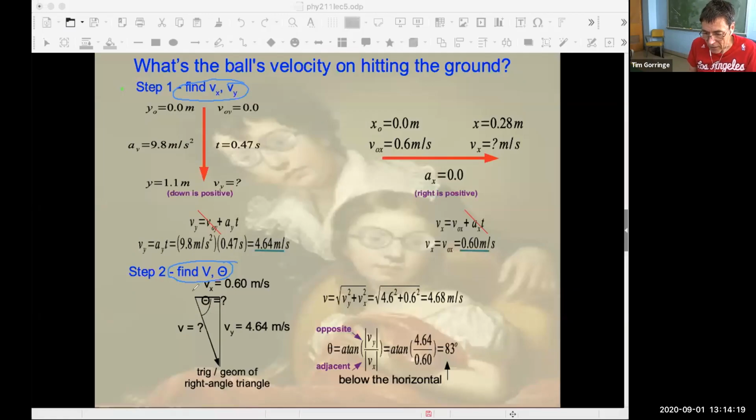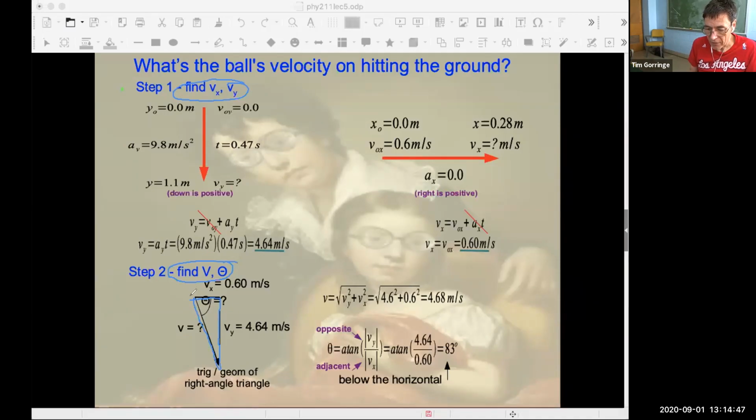So look at this guy here. It's a right-angled triangle. The horizontal side is the horizontal component of the velocity just before it strikes the ground. The vertical side is the vertical component of the velocity just before it strikes the ground.